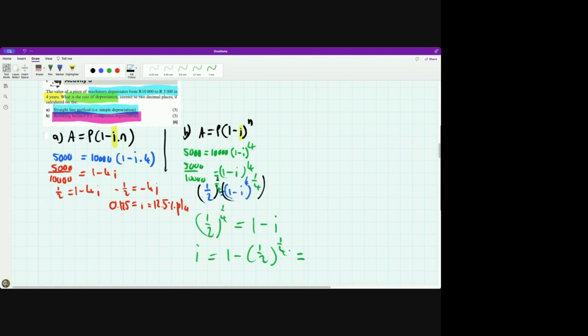So let me try that again one more time from the top. 1 minus, open bracket, 1 over 2 to the power of 1 over 4 equals, and now I'm getting 0.1591, which is 15.91% per annum depreciation.